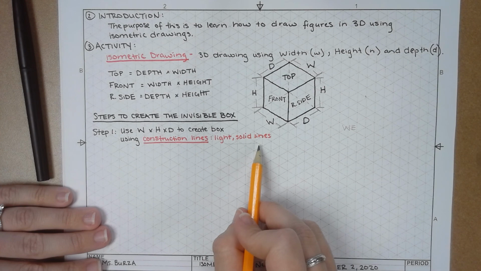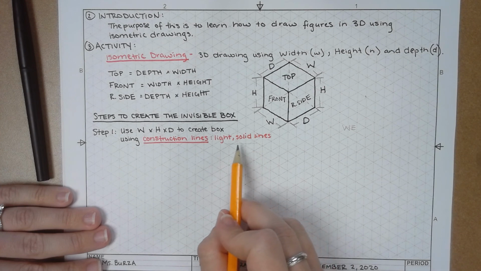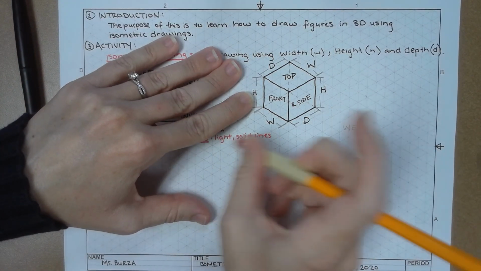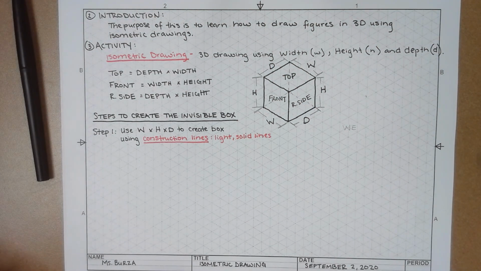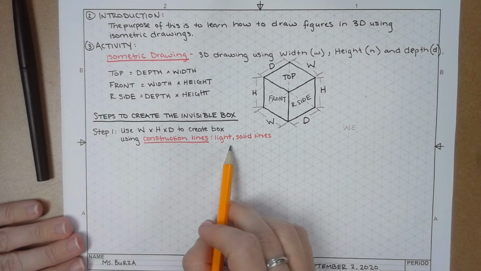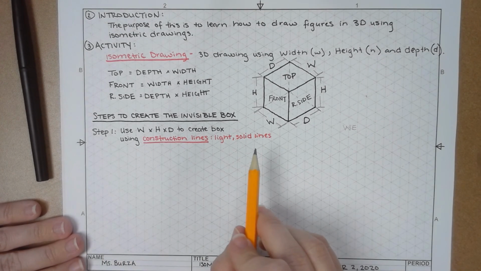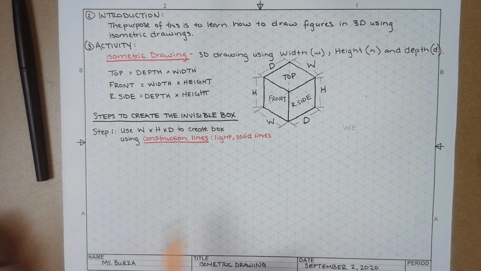If you want to draw an example line in your notes, that's probably not an awful idea, but it's a line that is so light, if you were to erase it, there would be no pencil mark left over. All right, so some of you have a very heavy hand when you write and everything is very dark. Construction lines, you literally just want to very lightly drag your pencil across the piece of paper so you can barely see it.